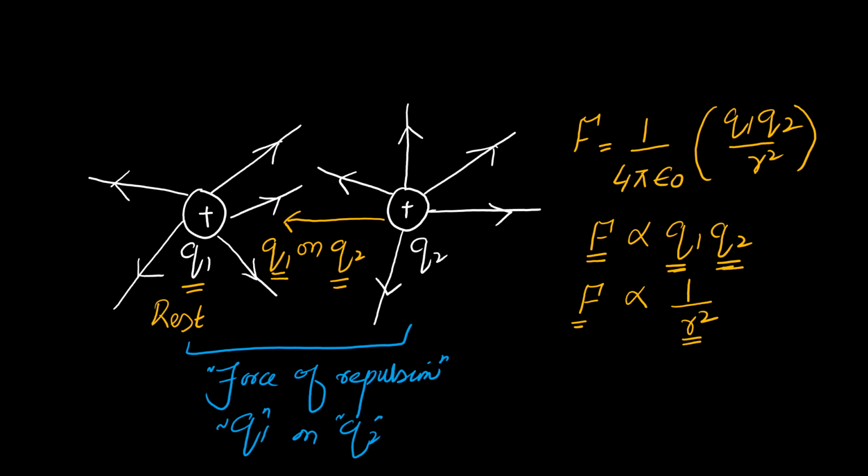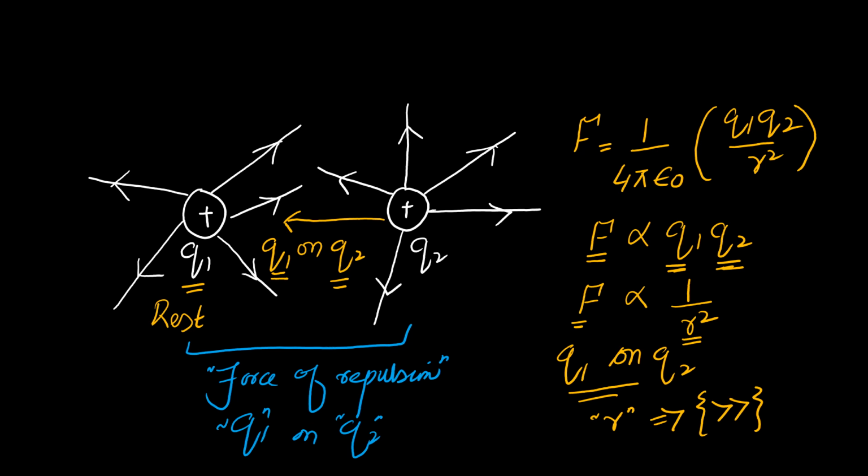So the greater the distance, the weaker the force exerted by Q1 on Q2 will be. And if r, the distance between the two point charges, is smaller, then the force exerted will be greater, or the force of repulsion between two positive charges will be more.